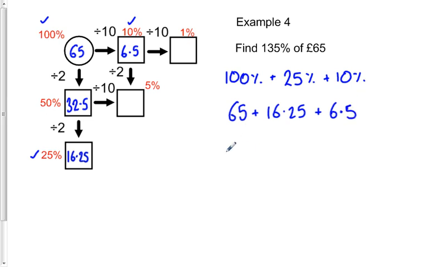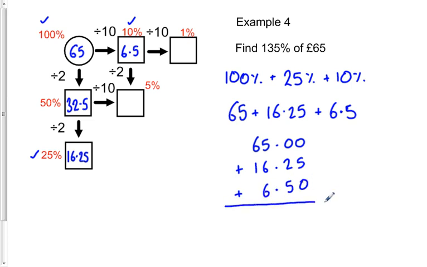Now again, we can actually use a chimney sum for this. We've got 65.00 plus 16.25 plus 6.50, which I've put in as a placeholder there. And we know with addition, we can just add everything up in this row. 0 plus 5 plus 0 is 5. 0 plus 2 plus 5 is 7. Our decimal points are all in a line. That's how we know we're adding the correct columns. So we drop our decimal point in. 5 plus 6 is 11.